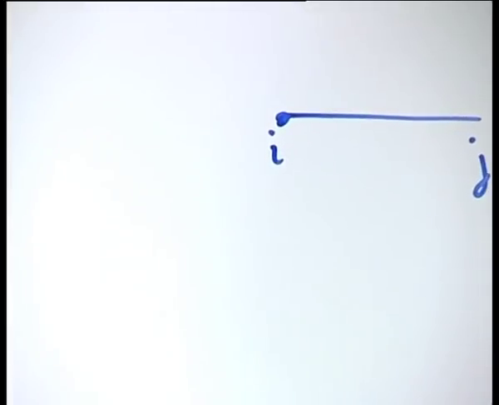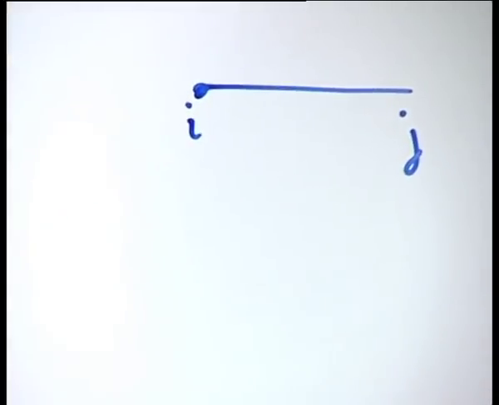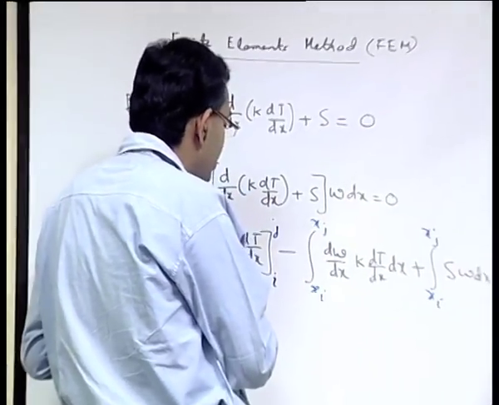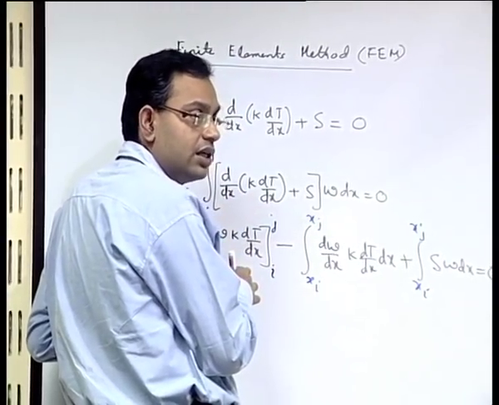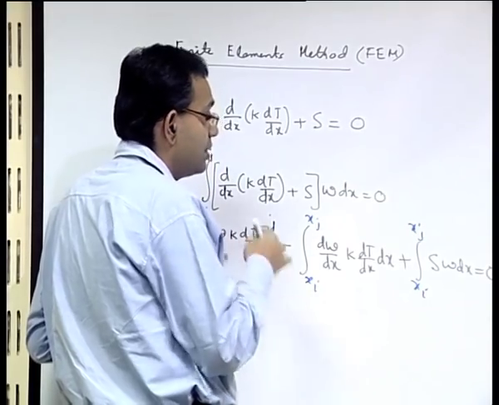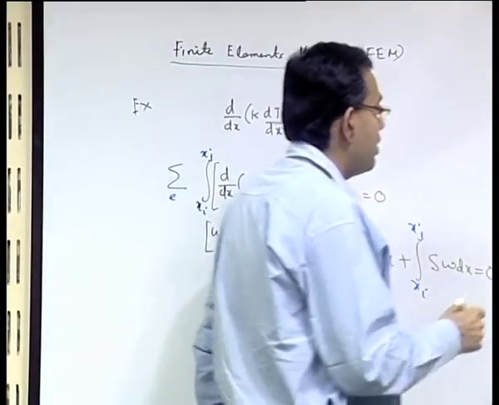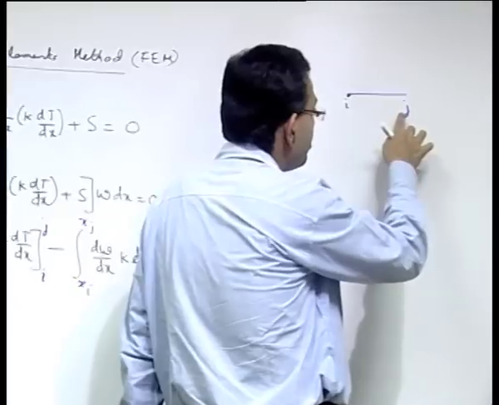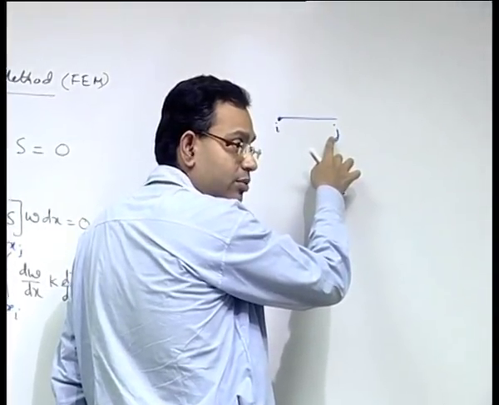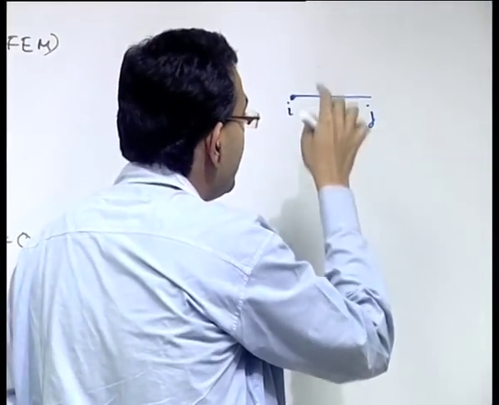Next, we try to write the corresponding trial and weight function in this particular expression. So, for the trial function, you have two node points where you can specify the variable.